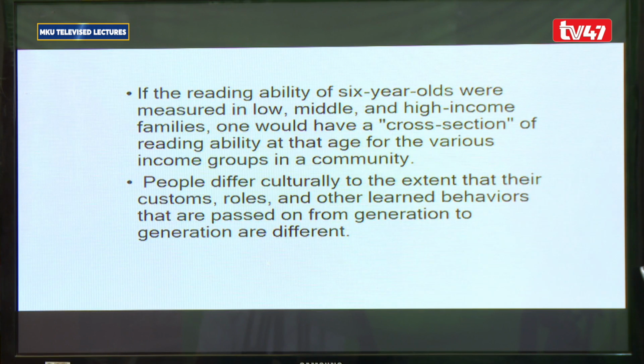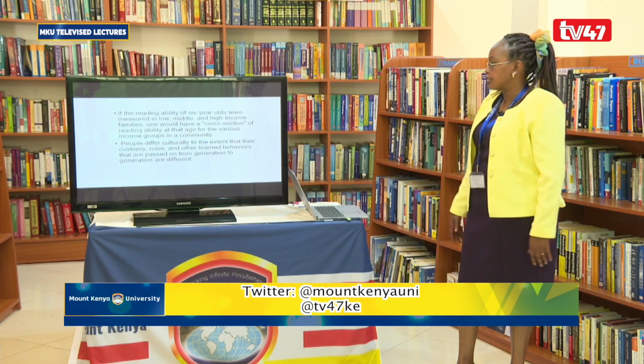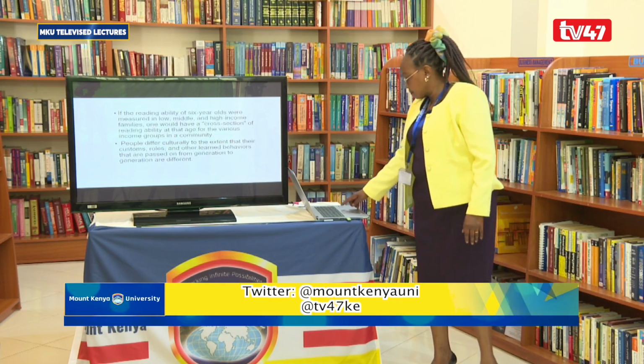Therefore, we collect children from these 3 different groups around the same age, and we compare their reading abilities. Whatever you get is what we are calling a cross-cultural study. Here we can see that individuals differ culturally in the extent to which their customs, their roles, and other behaviors that are passed on from generation to generation are different.